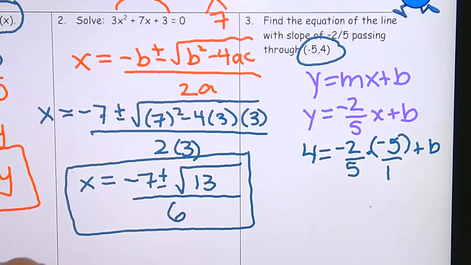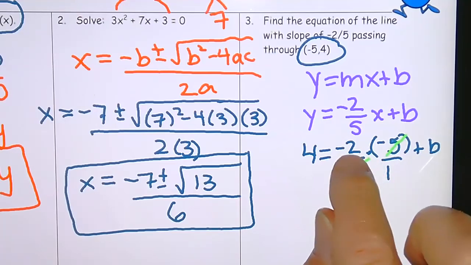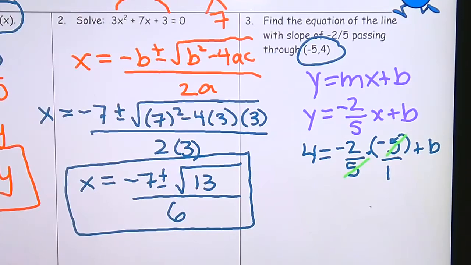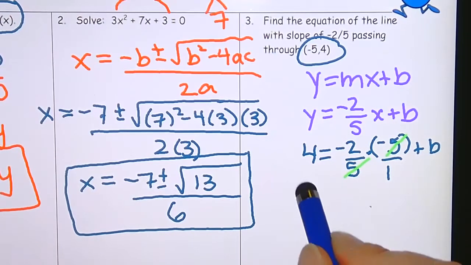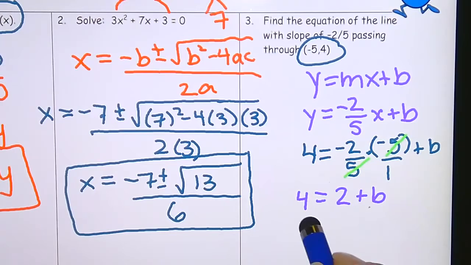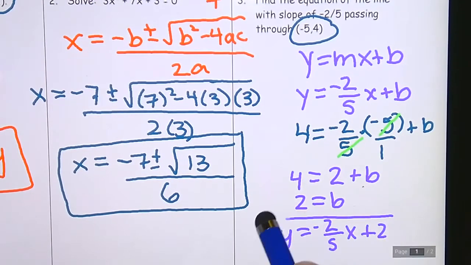So when I have something on top and bottom that are the same, I can cancel those out. So really I have a negative 2 times a negative, which is going to be 2. So I'm going to get 4 is equal to 2 plus b. I'm going to subtract my 2, and so I get b is equal to 2. So my equation is going to be y equals negative 2/5 x plus 2.